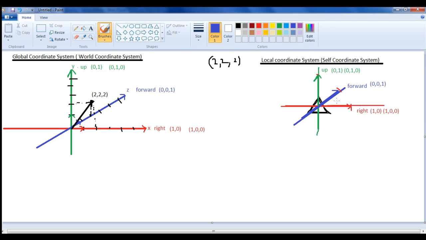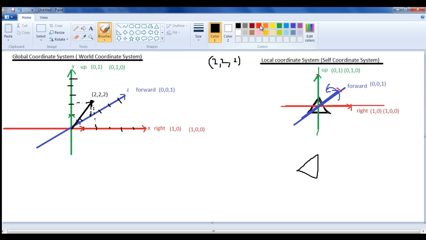Now let us take, if you rotate this game object about the z-axis or around its forward vector, you can say, if you have rotated this game object by 90 degrees, then how does it look? You can say very easily that it looks like this, right? It rotates by 90 degrees. If it has rotated by 90 degrees around the forward or z vector here, its local coordinate system is also going to rotate.